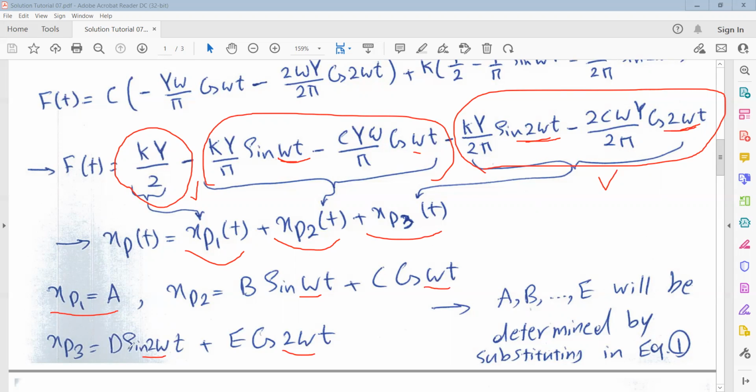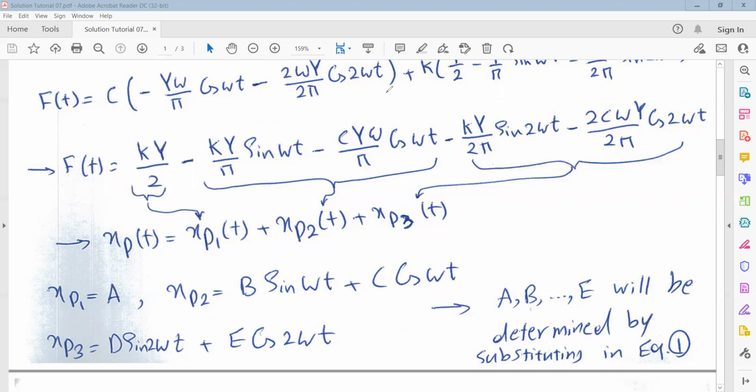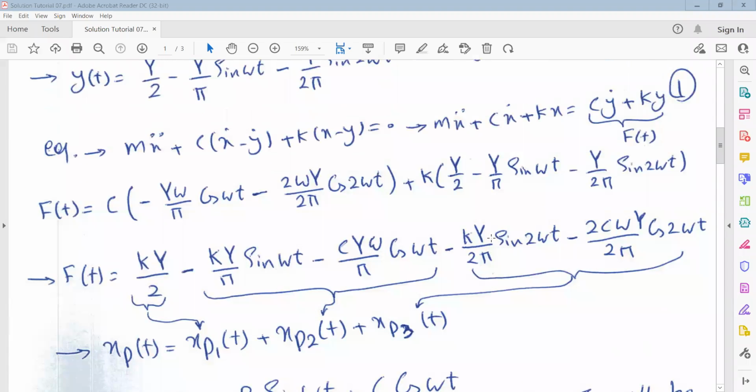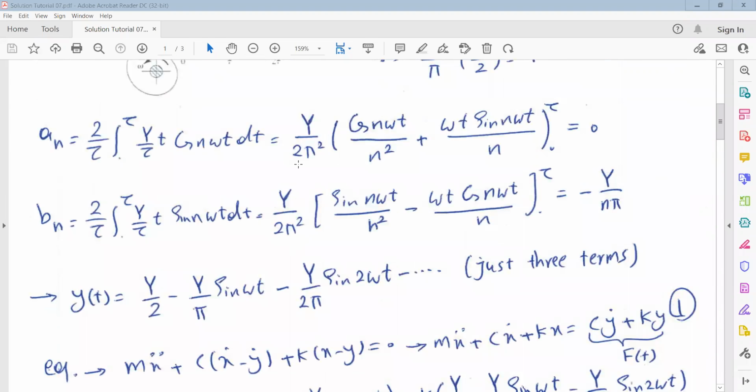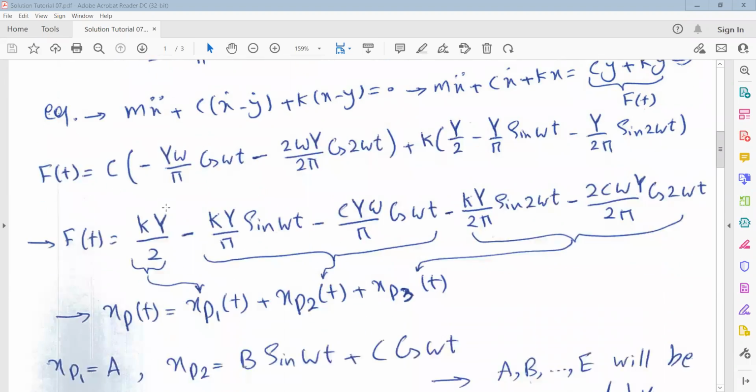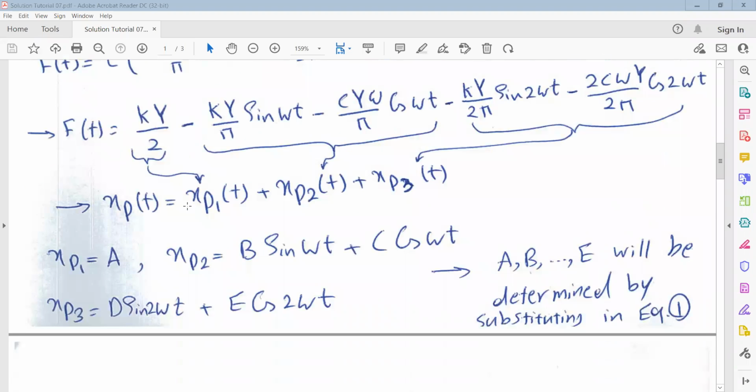A, B, C, D, and E are constant values, and they will be obtained by substituting into the main equation. Okay, so as I told you, your main challenge is to calculate these integrals to obtain the coefficients in the Fourier series. Otherwise, the other parts are similar to the previous section, and you only need to solve an ODE easily.